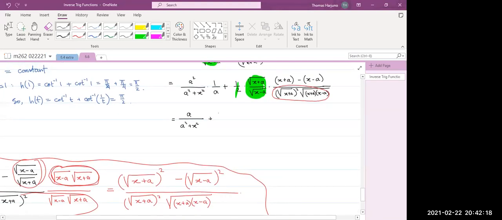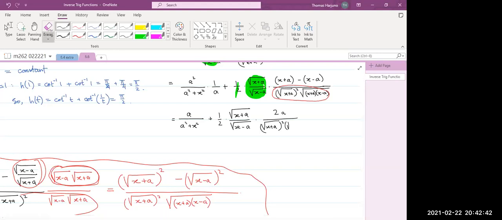plus 1/2 square root of x plus a over square root of x minus a times 2a, square root of x plus a being squared, square root of x plus a, x minus a.